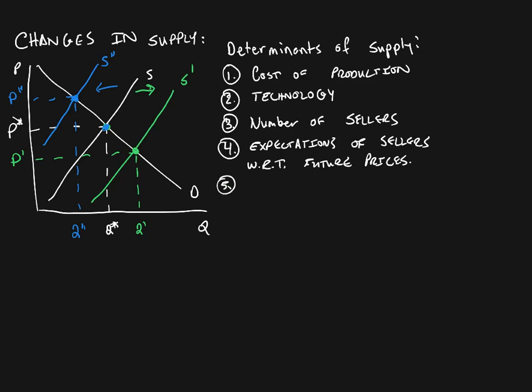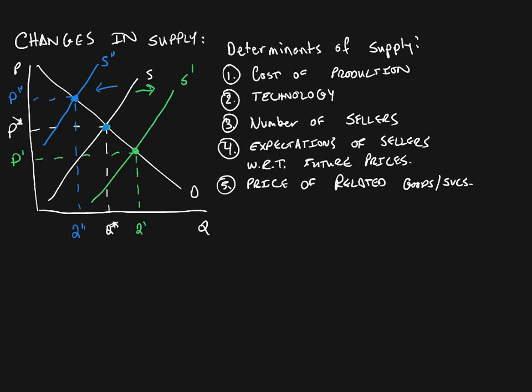And another is going to be the price of related goods and services. So essentially this, in the case of supply, it's analogous to one in the case of demand.